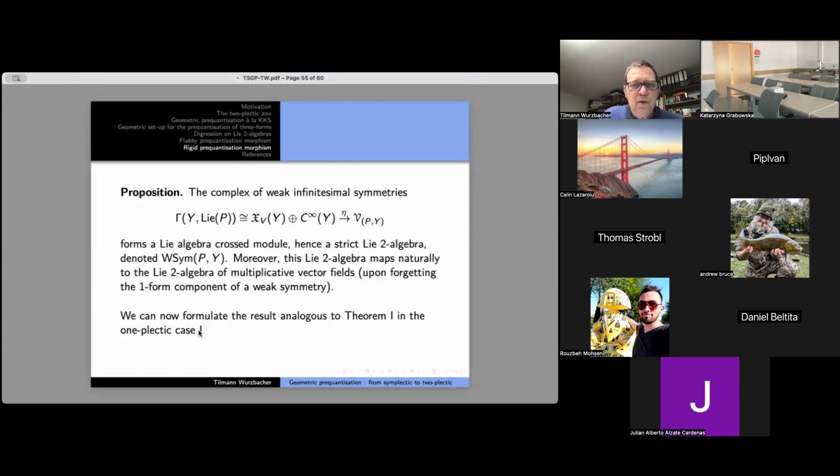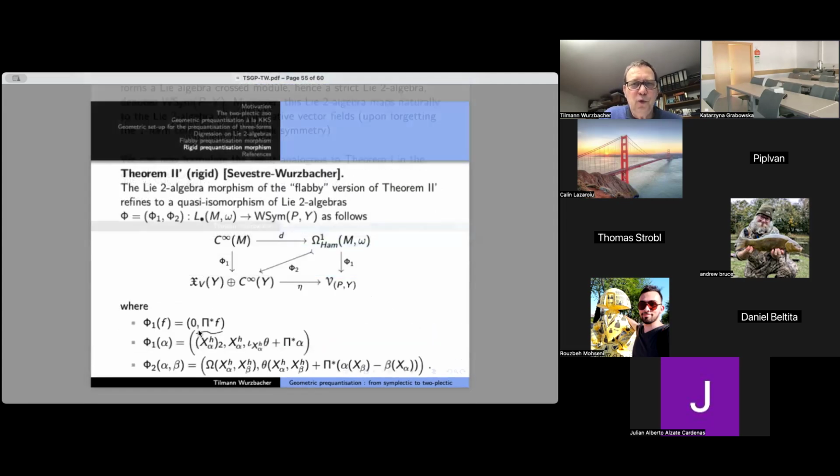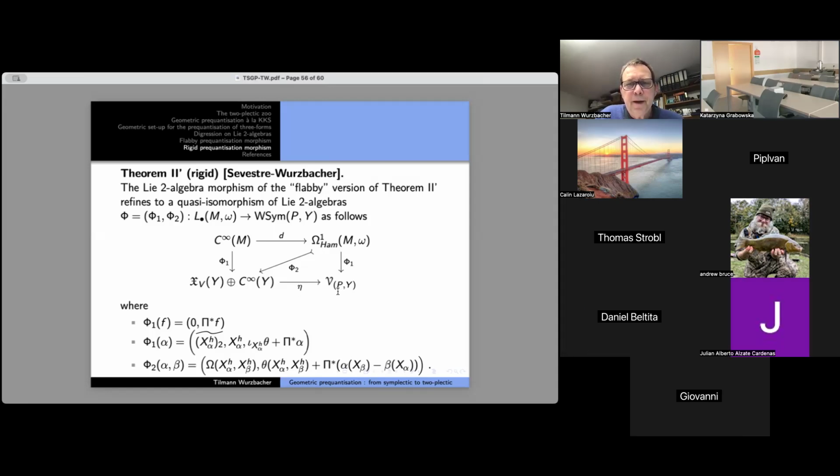And now we have a close analog of theorem 1, the rigid version of 2. So again, I have the Baez-Rogers algebra, and here I could also write sections of the Lie algebroid. And these are the infinitesimal symmetries. And now I have, again, a morphism.